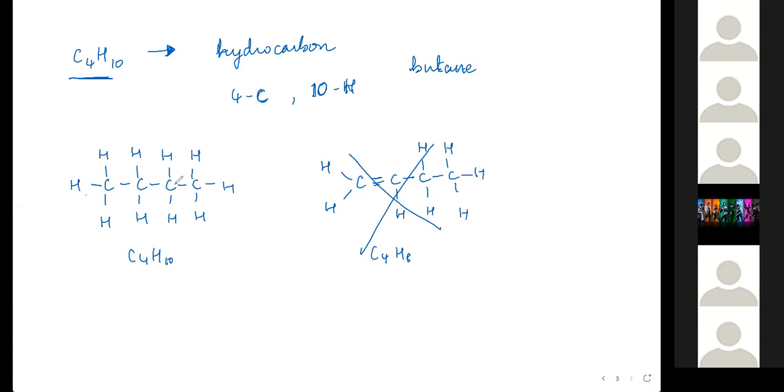If I break these carbons and build it again, I can build it again like this. I can put 3 of them and then put 1 carbon over here and fill it up with hydrogen. Tell me if you're getting C4H10 from this also or not.